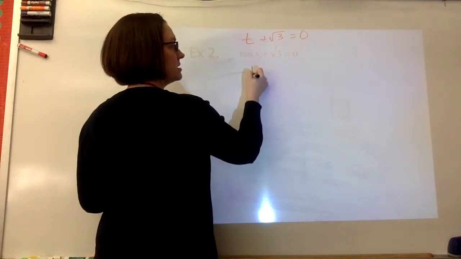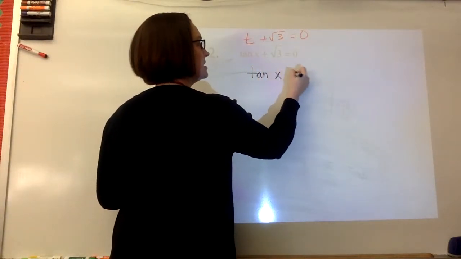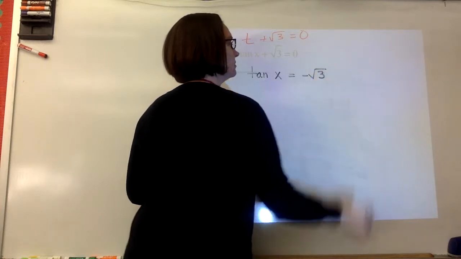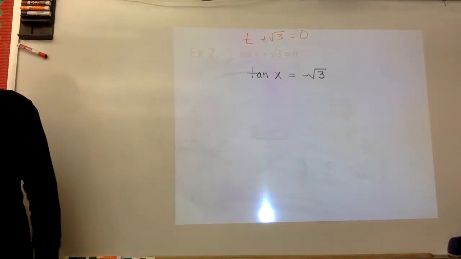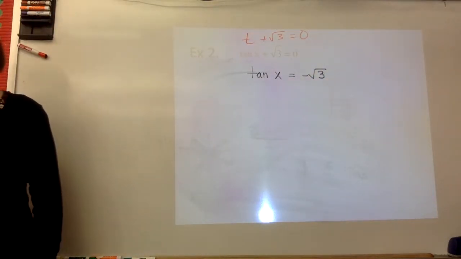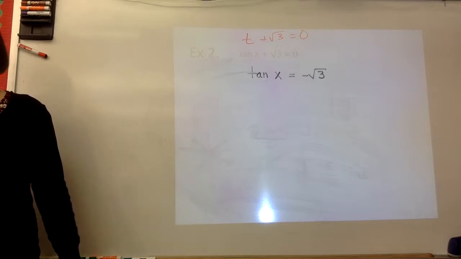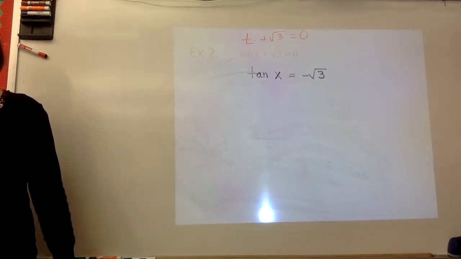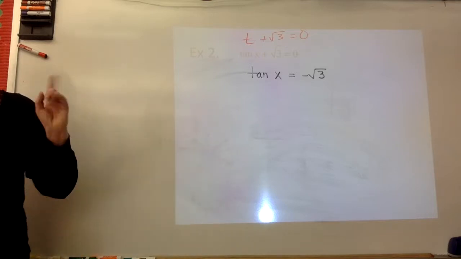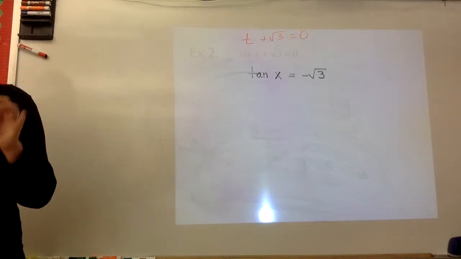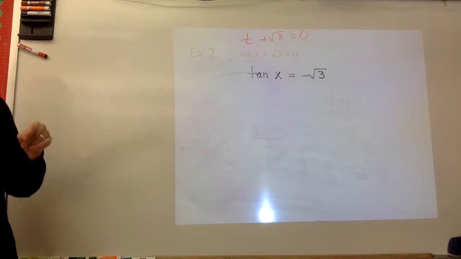Minus root 3, correct? The tangent of x is equal to negative root 3. We're dealing with x, which means I want radians, so I have to give you something that you can think out from the unit circle. So now let's translate this.